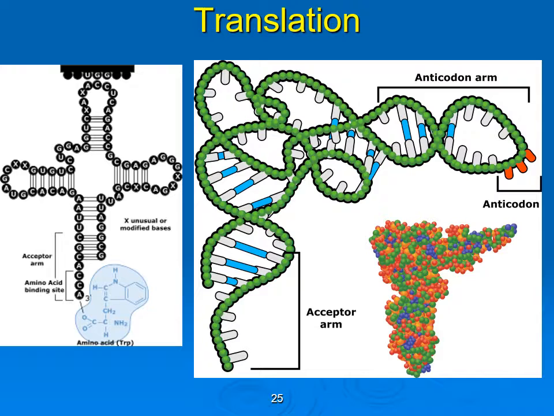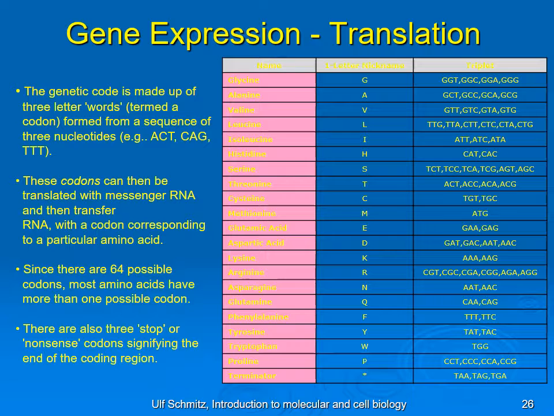Here, the amino acid is bonded until you get into the A site, and then the machinery clips that bond, and that is then a peptide bond to the protein.